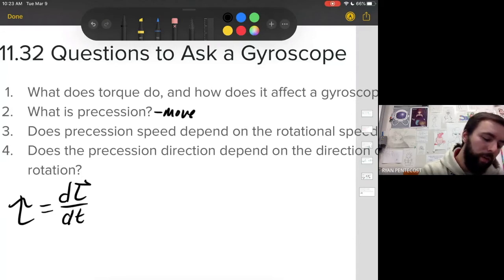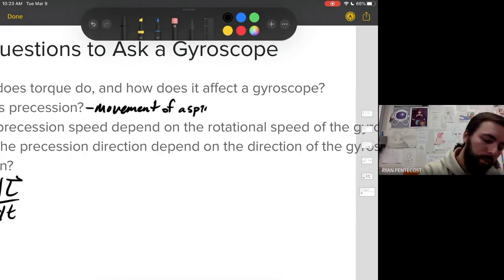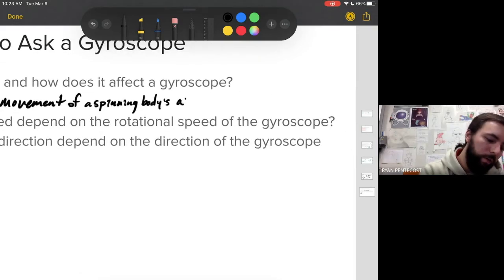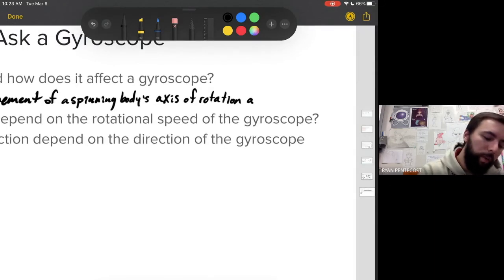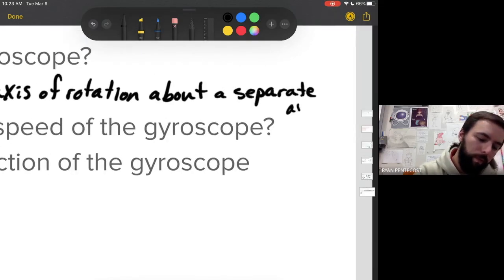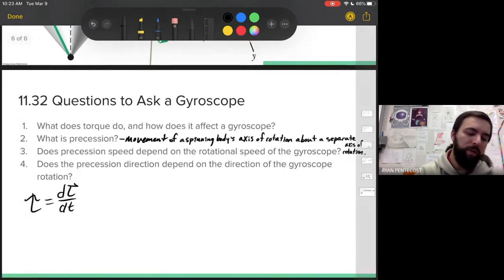It is the movement of a spinning body's axis of rotation, but this movement of a spinning body's axis of rotation is about a separate axis of rotation. So that is the definition of precession that we are going to use.